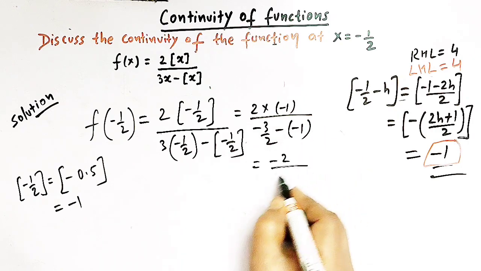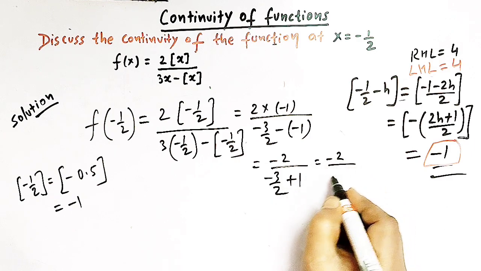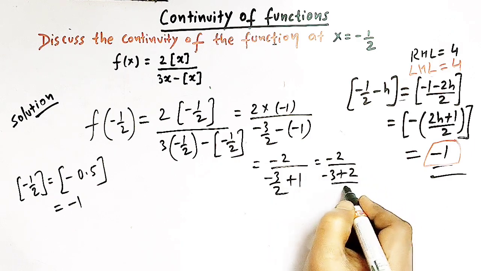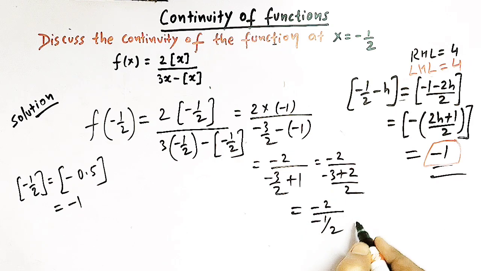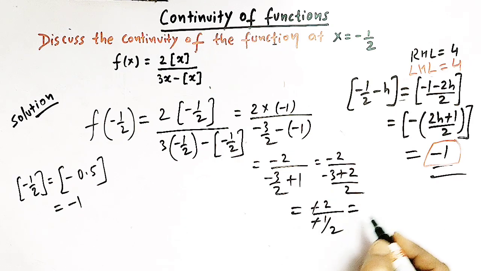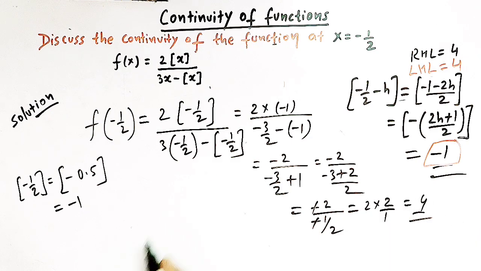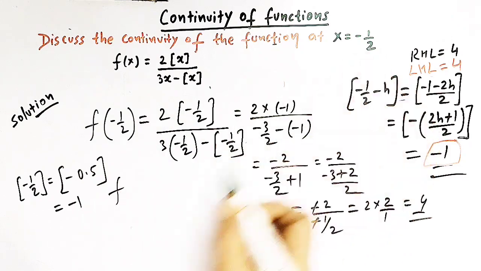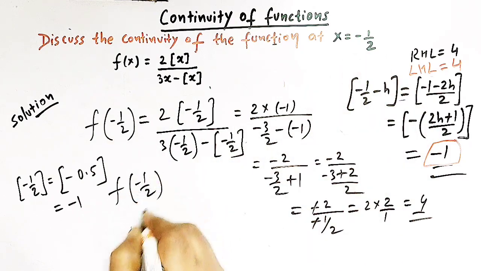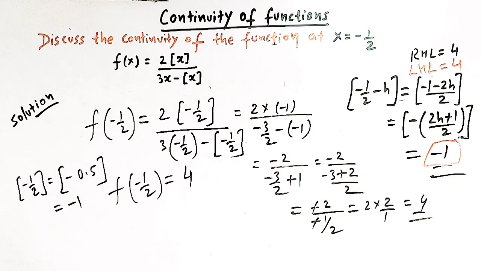So this is minus 2 minus 3 by 2 plus 1, minus 2 minus 3 plus 2 over 2. So minus 2 over minus 1 over 2. So this is 2 times 2 over 1, that is 4. So the value of the function at this point, that is x is equal to minus half, is also equal to 4.